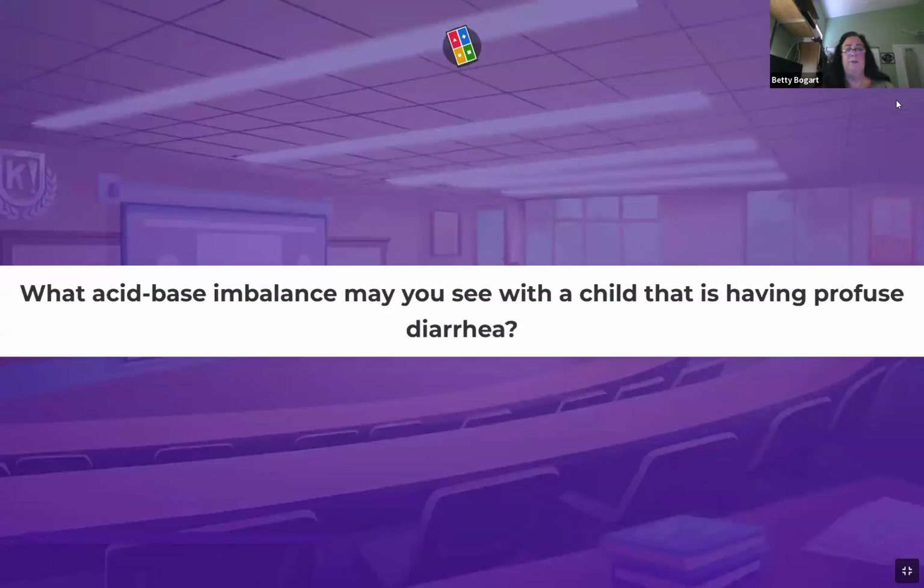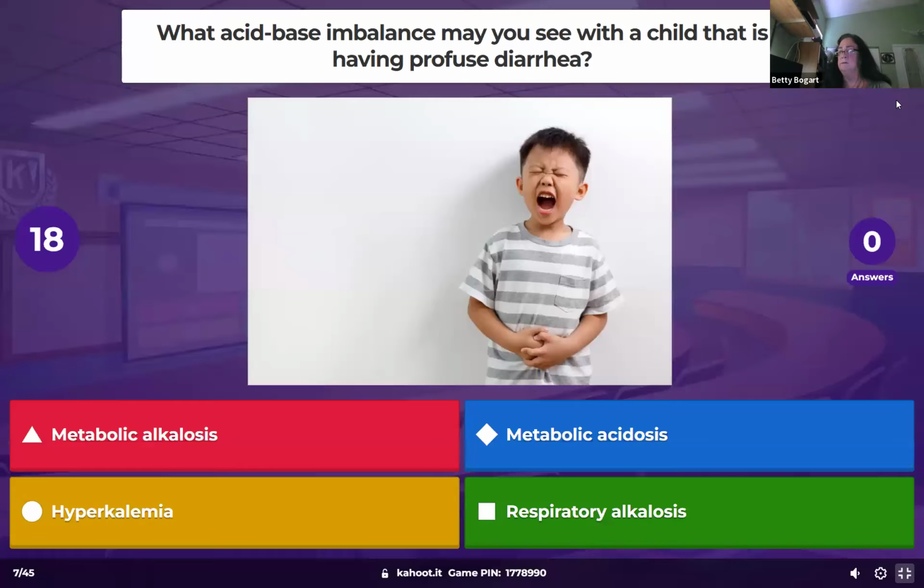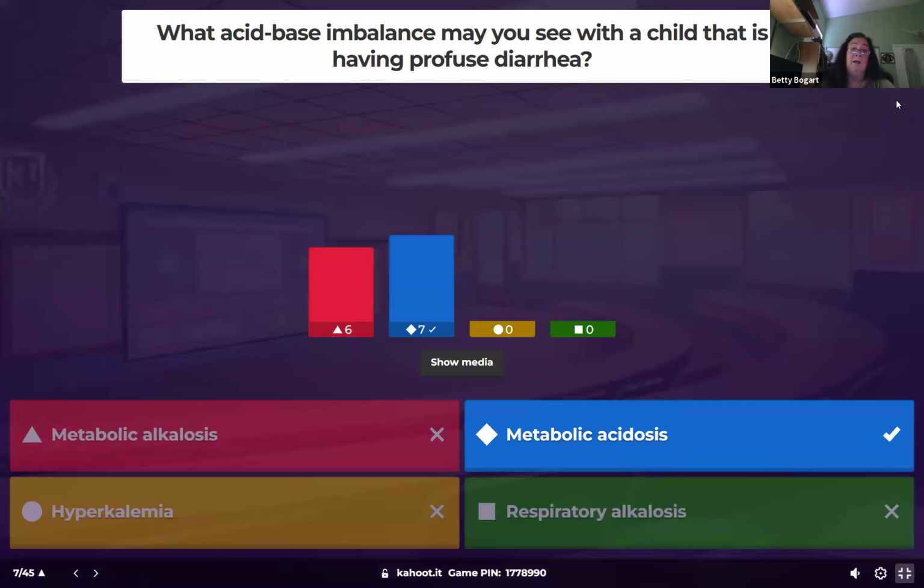What acid base imbalance might you see with a child that's having profuse diarrhea? Remember, with diarrhea, you are losing all your alkaline because that's all your digestive enzymes. So, what are you left with? Metabolic acidosis.